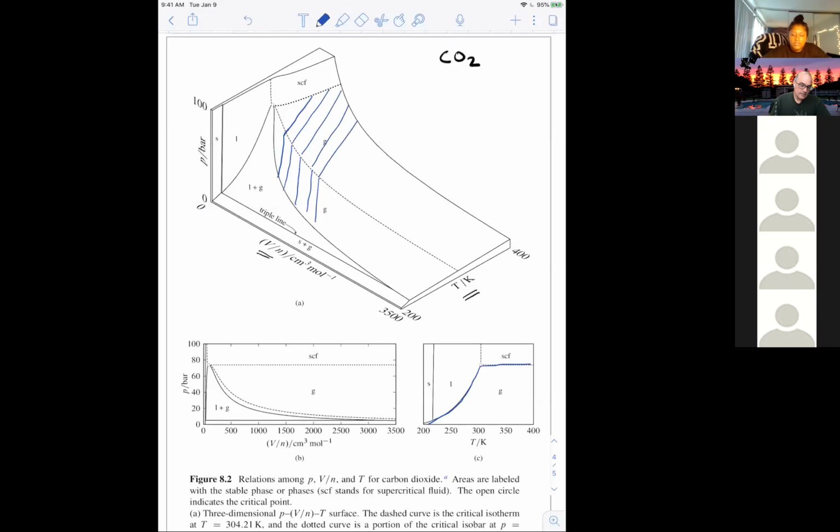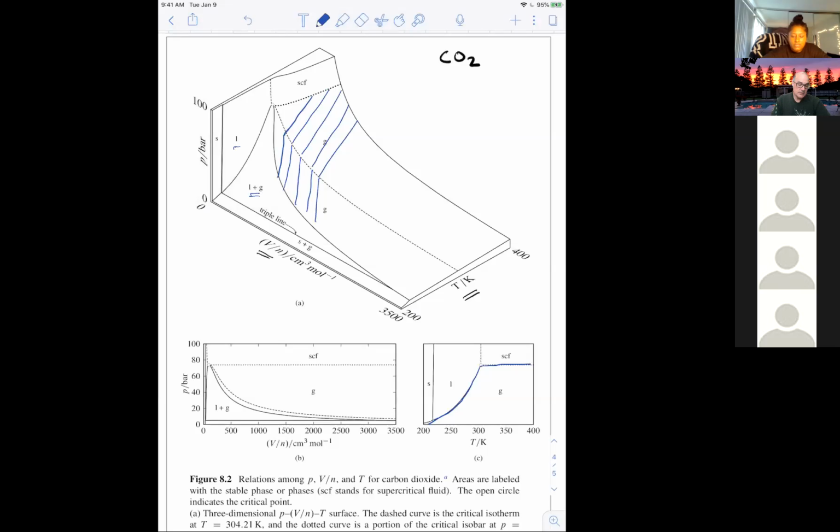We don't really see that in other areas, but in the gas part of this, the area below the surface that we're seeing here, it's really two surfaces, right? There's a two-phase coexistence region, liquid and gas. There's a liquid region. There's a gaseous region. There's a solid and gas region.